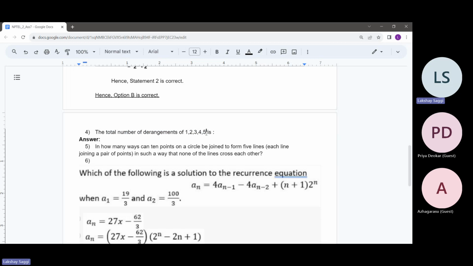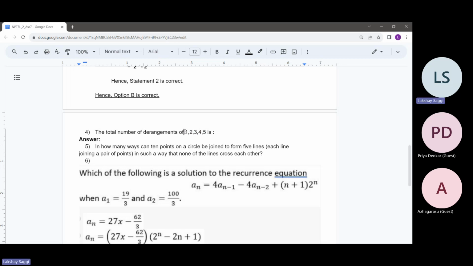First of all, maybe I should cover the definition of derangements also. This must have been covered in the lectures, but just to remind everyone what a derangement is. A derangement of a set of numbers is a permutation of those numbers in which the ith number does not go to the ith place.